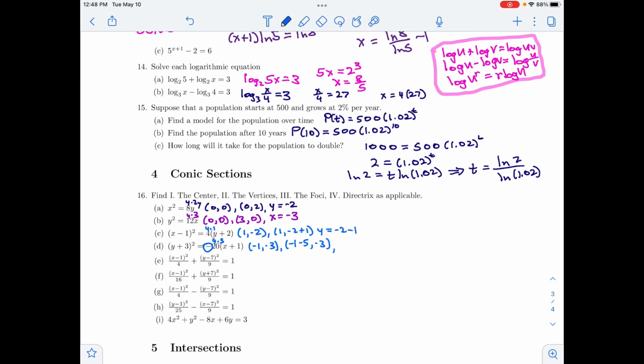As far as the directrix goes, it's going to be x equals negative 1 plus 5, because this is opening to the left, so we're moving to the right to get to the directrix. Okay, so these are all parabolas.